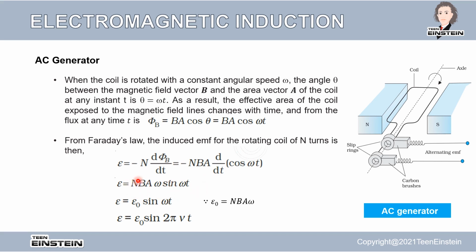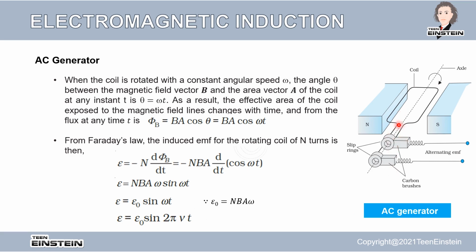Now this NBA omega, we can take as epsilon 0, which is the amplitude of this EMF. So epsilon 0 equal to NBA omega, then you get epsilon equal to epsilon 0 sin omega t, and instead of omega we can say 2 pi nu, nu being the frequency, then we have 2 pi nu t. So what does this tell you?